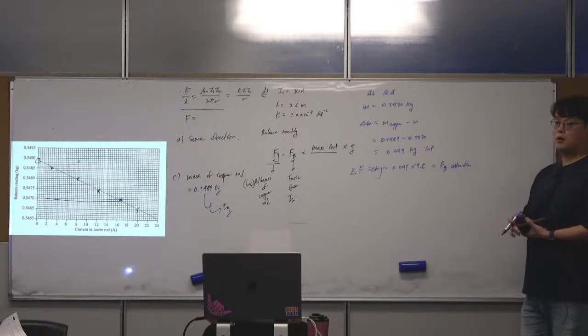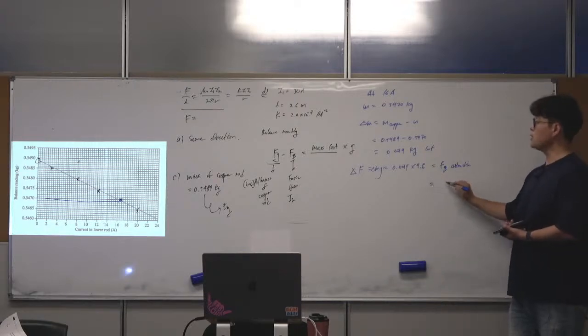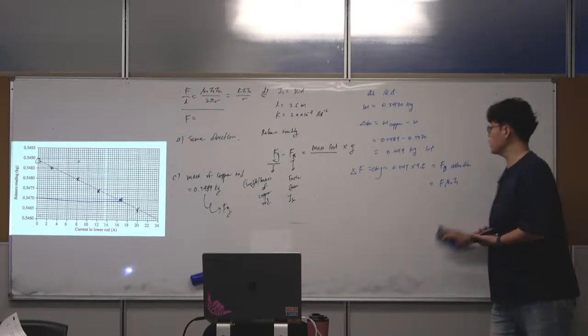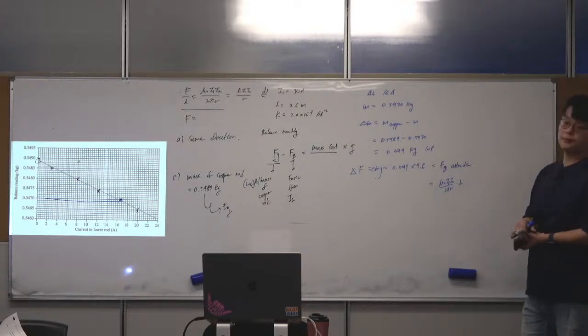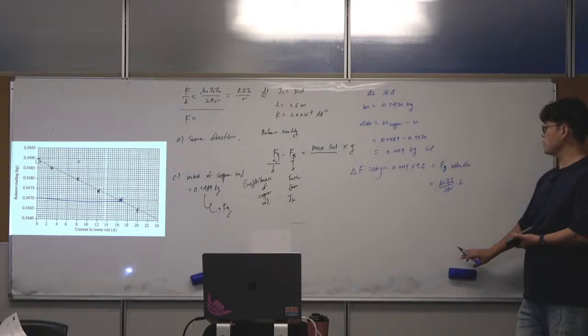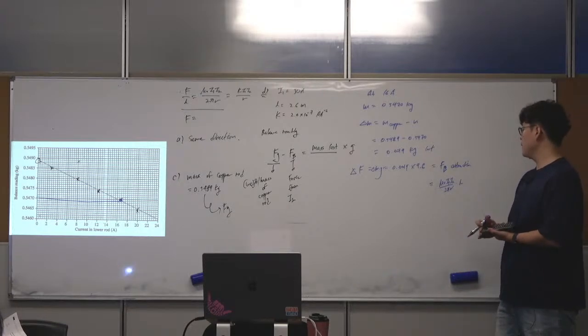This is the same as F equals mu naught I1 I2 over 2 pi r times the L. You can use the k, the same as the mu naught, same thing.